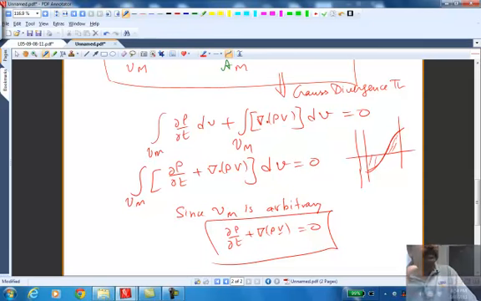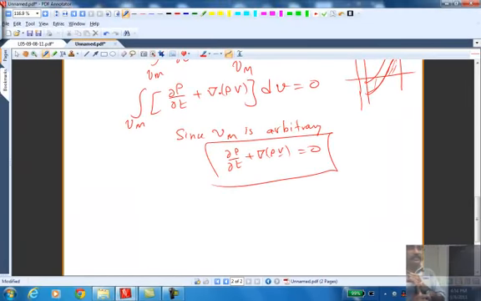But if it is an arbitrary curve that I pick, like this, the integral is not going to be equal to 0 unless that function itself is 0 everywhere. That is the argument we are making. This function that I identified in square brackets must be 0 everywhere because the material volume is arbitrary. Okay? And that's how we get this equation.